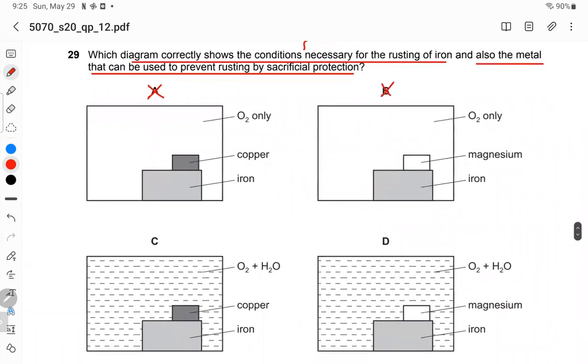So we are left with C and D. Now we have to choose between C and D. Here magnesium is used, which is more reactive than iron, so it can protect sacrificially. So that can be correct. And here copper is used, which is less reactive than iron, so it cannot protect the iron sacrificially. So C goes wrong, and we are left with only D. So D is our correct answer.